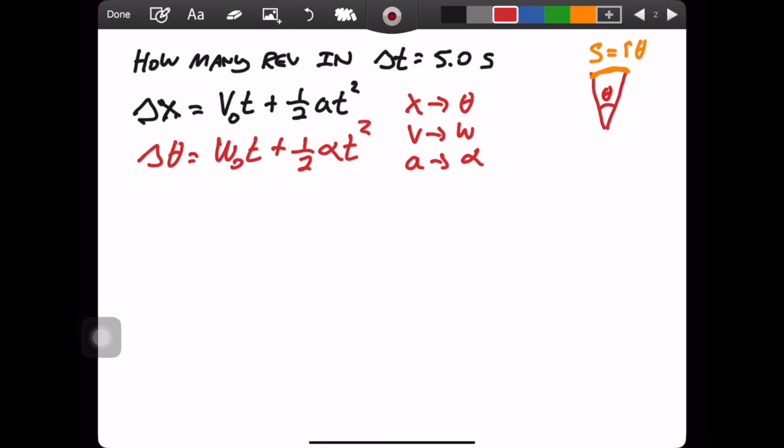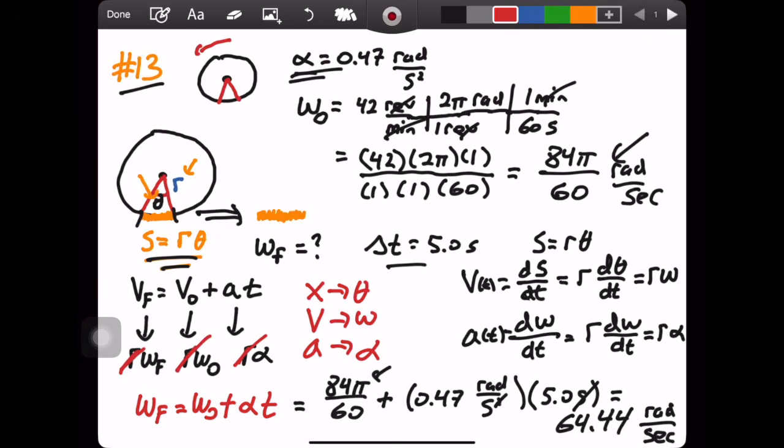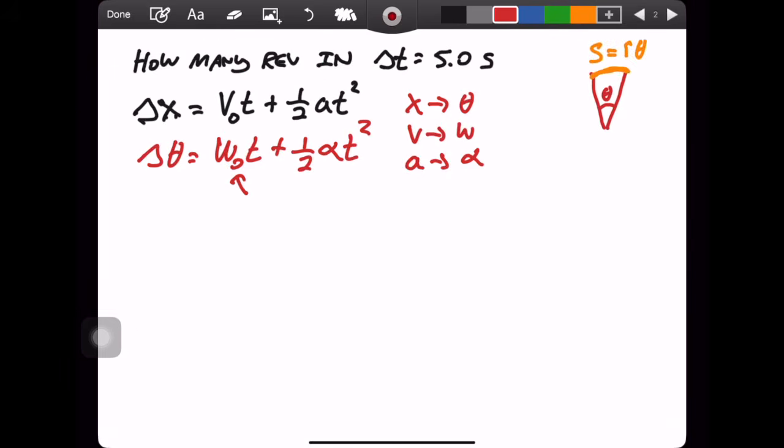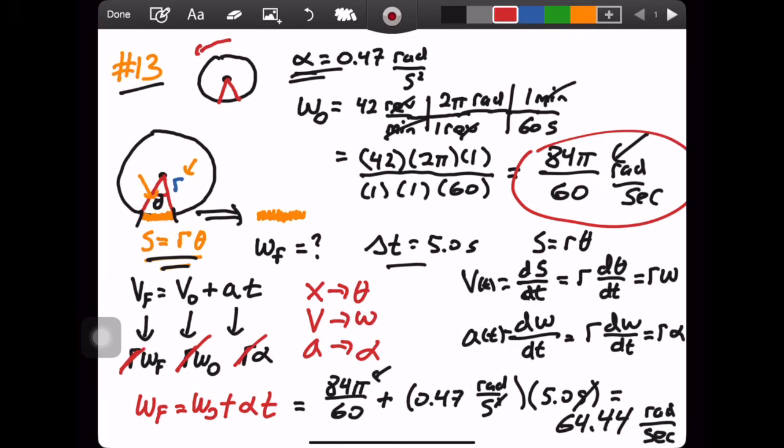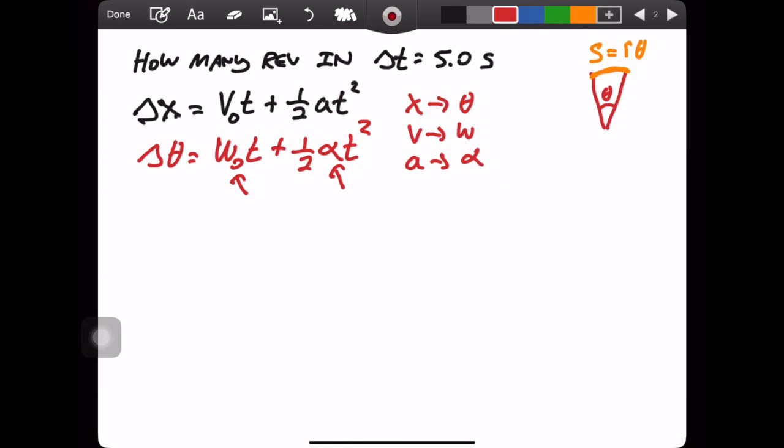And I know what omega naught is. We calculated it right here. I know what alpha is. Alpha is given to us right here. I know what the time is.